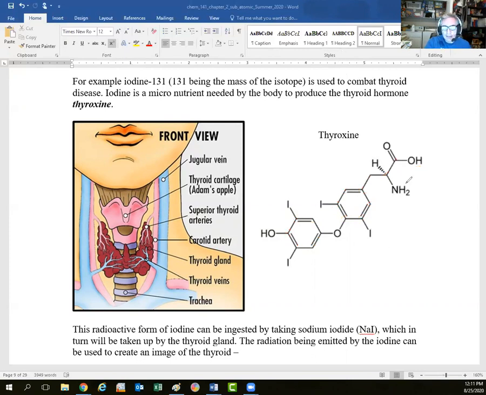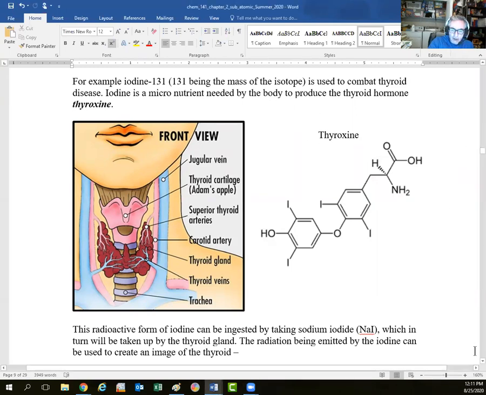so thyroxine produced by the thyroid glands. And if we think there's some medical concern going on with the thyroid, we can give a patient a radioactive sample of iodine. And as that iodine gets stored in the thyroid, it will emit radiation that can be detected by an imaging machine.